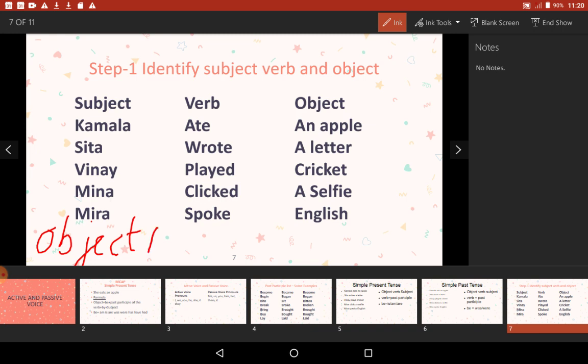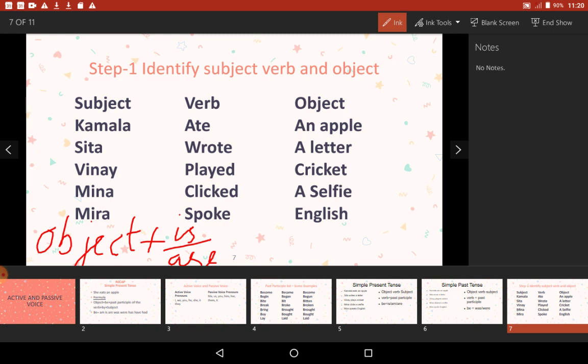So, first we write object, then we can write is or are depending on whether our object is singular or plural. You select any of these two be forms. Very rarely we will have am, therefore I am not going to write it here. First you write object, then choose one form out of these two be forms.